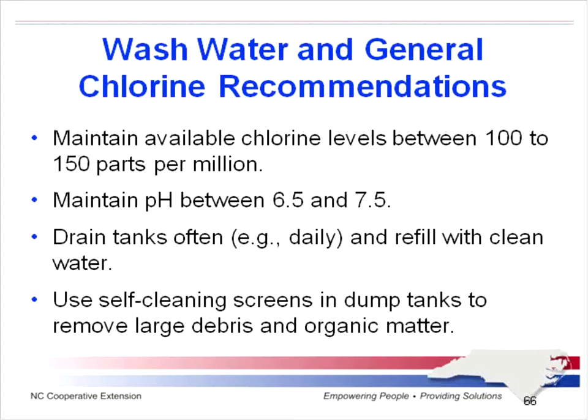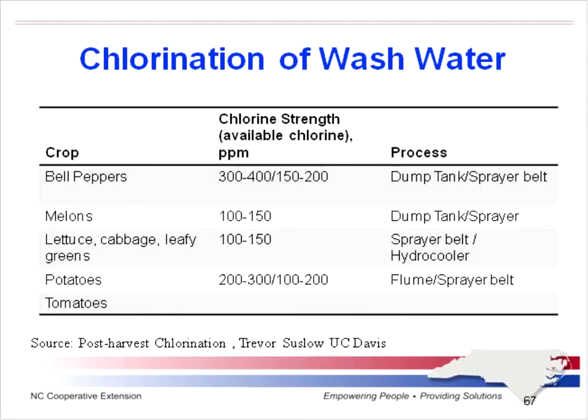Drain those dump tanks at least daily and refill them with clean, potable water prior to use. And then use things that help to reduce the amount of organic matter and debris in the wash water. That will help maintain the effectiveness of the chlorine for longer periods of time. Self-cleaning screens, for example.